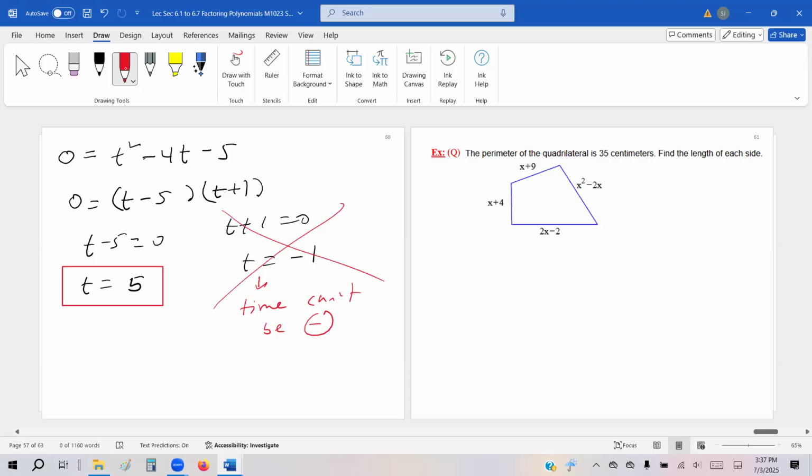They also gave us the perimeter. What does perimeter mean? The sum of all sides. They told us how much is the total length if we combine all 4 sides. Then how much is each side?